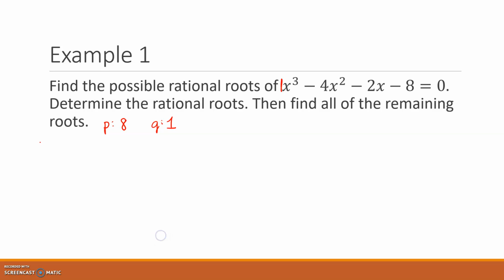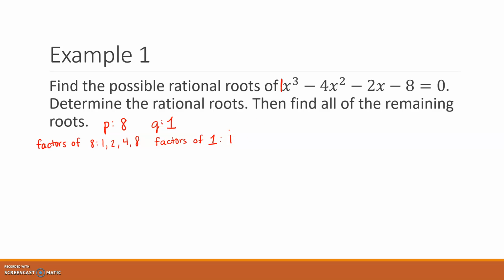This is kind of taking you back to elementary, middle school math. For factors of 8, I need all the numbers that I can divide 8 by and not have a remainder. So what are all of the factors of 8? I'd have 1, 2, 4, and 8. And all the factors of 1: just 1. That's the only number that we can divide 1 by.